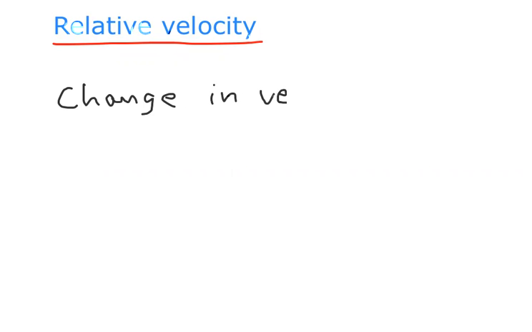Relative velocity. Coming to this topic of relative velocity, we first have to know the change in velocity. What is change in velocity? Velocity is a vector quantity, so when we discuss change in velocity, we have to be very clear about subtracting two vectors.